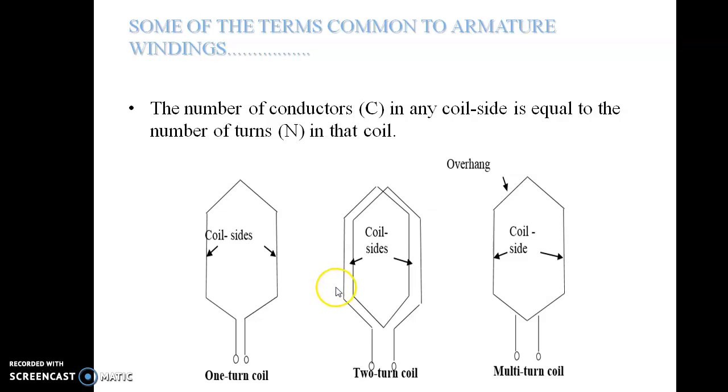So, this is the starting end, this is the finishing end, and the finishing end of this coil as a whole is connected to another coil. Okay? That makes your two turn coil. And this is a multi-turn coil, and these are the coil sides. This is more than 2 obviously. That is why it is known as a multi-turn coil. Be very clear.